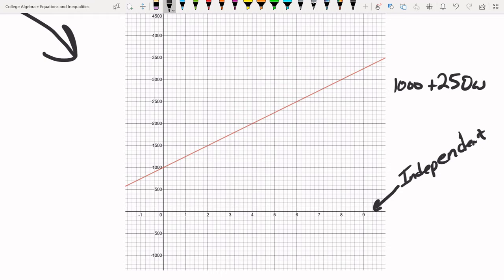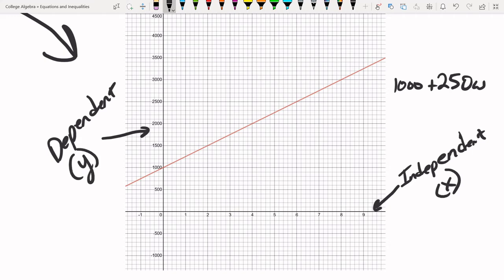In our model here, we had x, or in this case w, be the number of weeks. The number of weeks is when you earn the money that you put into the account. And this, of course, is the dependent axis. This is typically the y-axis. I'll say x here, y here.